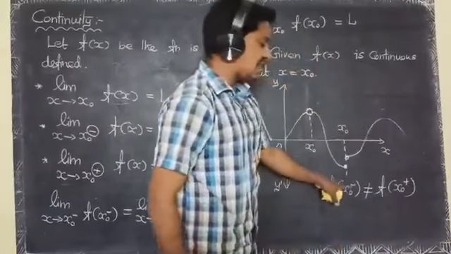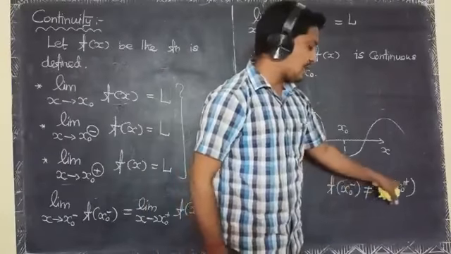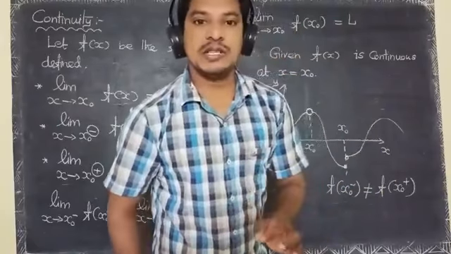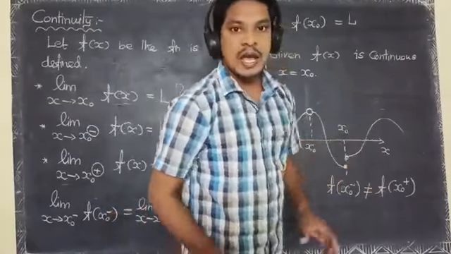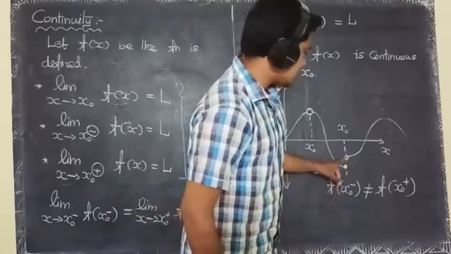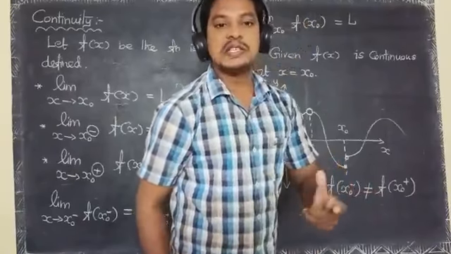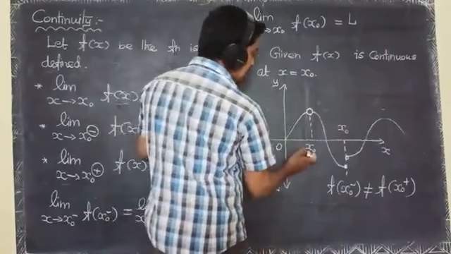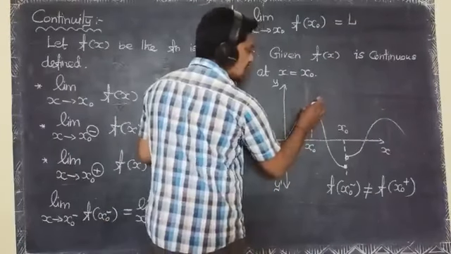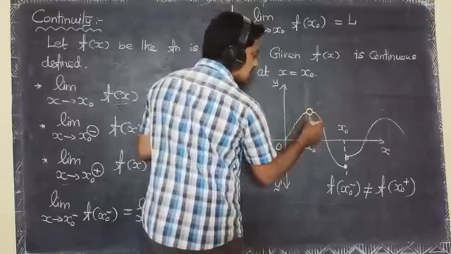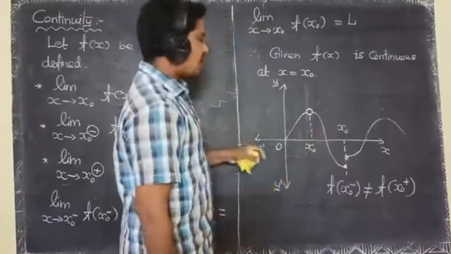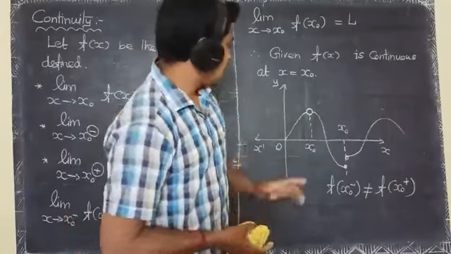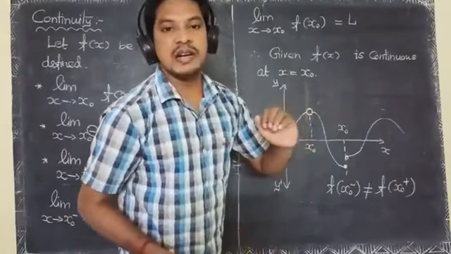Here the given function is discontinuous at x naught. It means this is called the jump discontinuity. Suppose the given function is not continuous at a particular point in another way, then the function is called the removable discontinuity.